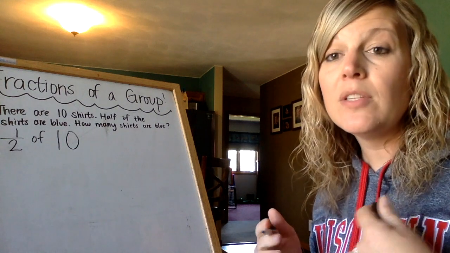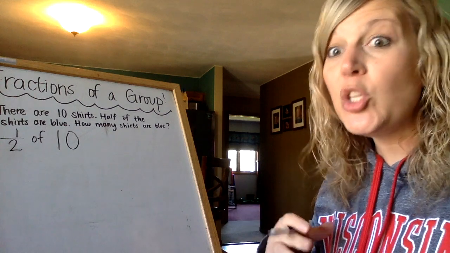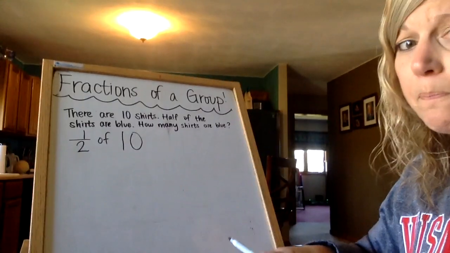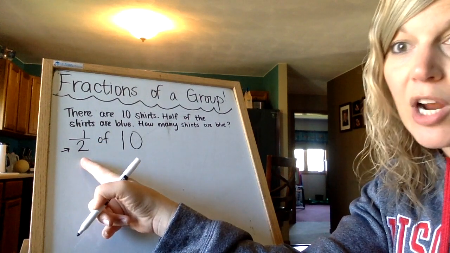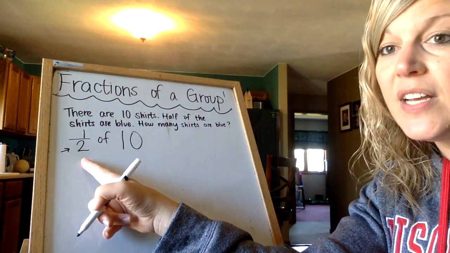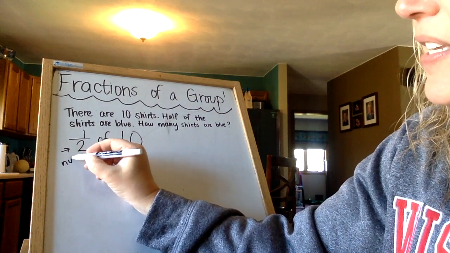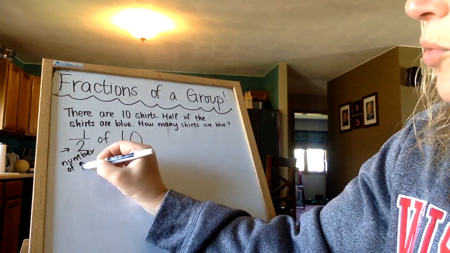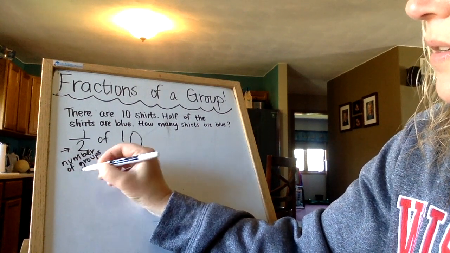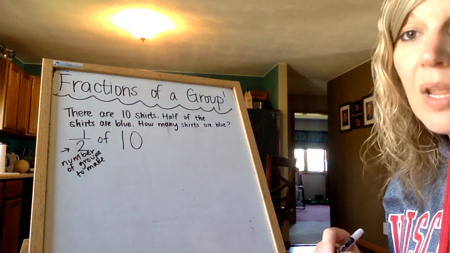Now, if I were using the strategy that involved paper, obviously I'm going to use this little whiteboard, but you would draw on paper. And one thing you can do is this bottom number, our denominator, tells us how many groups we need to make. So this is the number of groups to make.